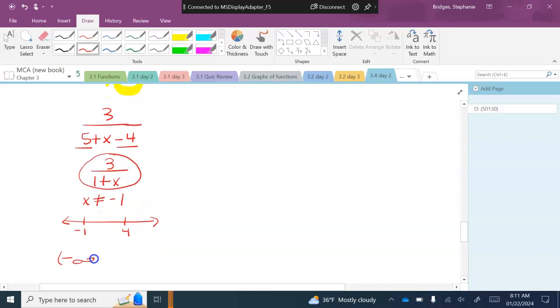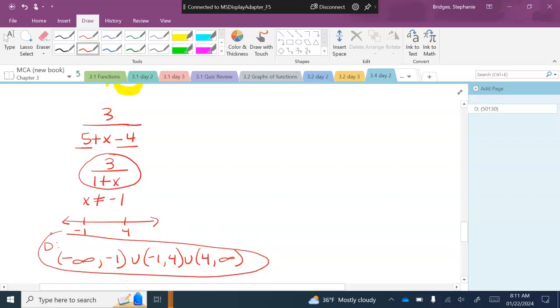So that will be negative infinity to negative 1, and then negative 1 to 4, and then 4 to infinity for the domain. Are we kind of okay with that one?